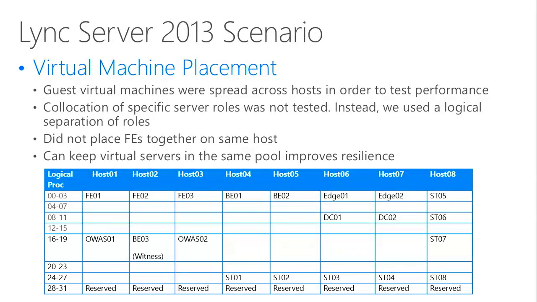The 3 front ends are across the first 3 hosts. Then we have our back ends, and next, the edge. These are the test clients, running our domain controllers. We have a fair amount of clients across this as well. You can see the back-end witness, and these ones here are the Office Web Applications.